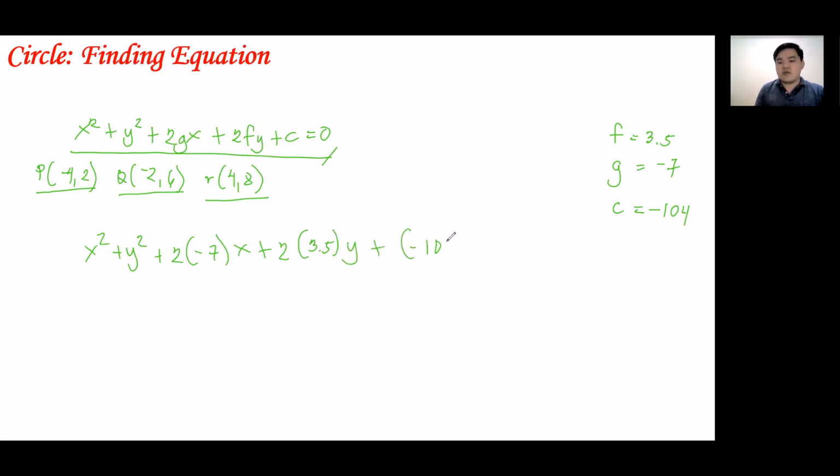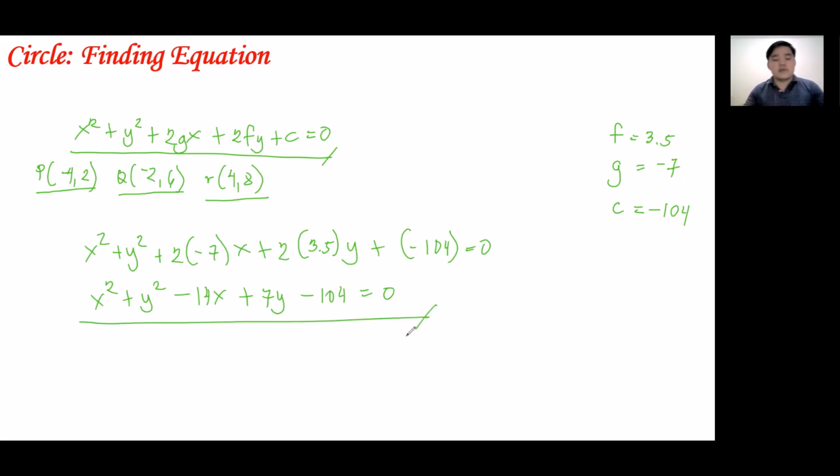That is negative 104, is equal to 0. So therefore, we're going to simplify this. So this now will become x squared plus y squared minus 14x plus 7y minus 104 is equal to 0. And this is now our equation of the circle in general form.